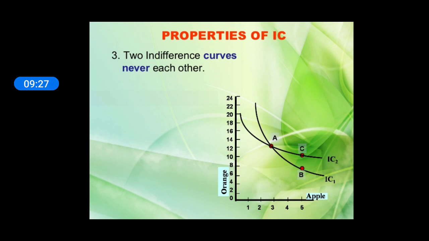So dear students, when satisfaction from A is equal to satisfaction from C, and satisfaction from A is equal to satisfaction from B, then C's satisfaction should be equal to B's satisfaction. But it is wrong, because B and C do not show the same level of satisfaction. C is a higher point and it shows a high level of satisfaction, and B is a lower point, it shows a low level of satisfaction. So it is wrong if they intersect each other. Two indifference curves never intersect each other.